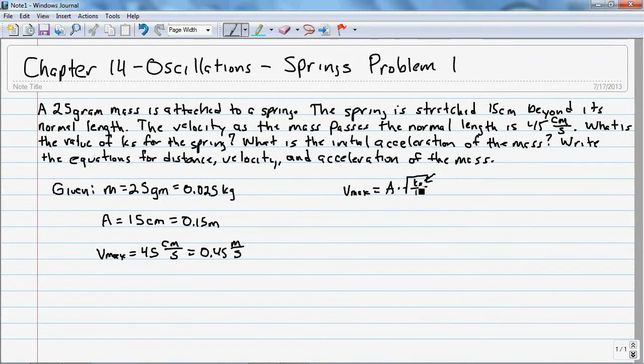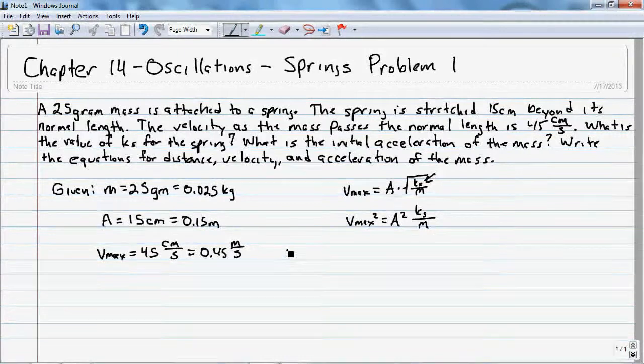I want K of the spring, so I can square both sides. And now if I simplify, I'm going to get K of the spring. Actually, I want to write it a little bit over so I have room to fill in everything.